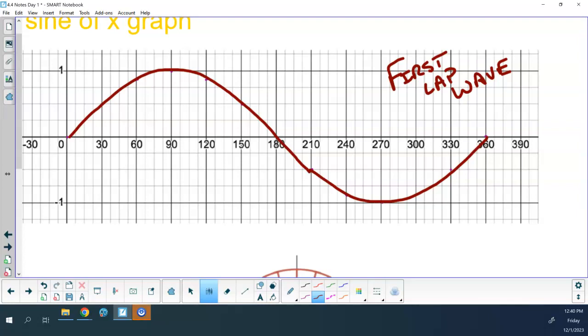Is it ever going to get higher than +1? Nope. So it's stuck in that range. Okay, that's a good thing. And we learned that in the obviosities. I think that was number 1 in the obviosities. The sine doesn't get any bigger than 1 or any smaller than -1. Okay. What else can you tell me?